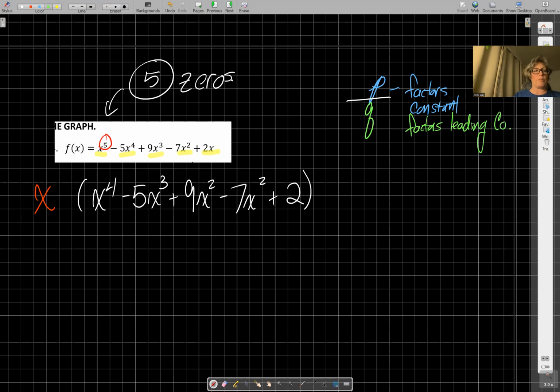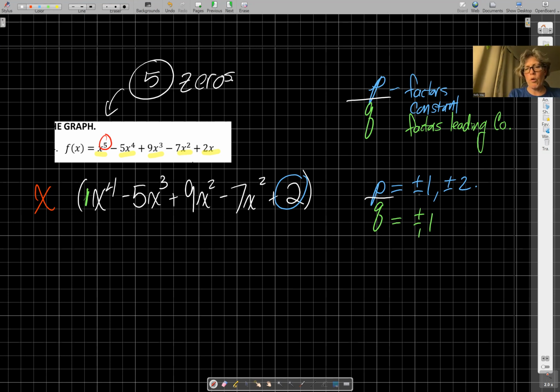All right, so taking a look here, what is our P here? Our P is 2. So plus or minus 1 and plus or minus 2 would be the factors of P. And Q, our leading coefficient, of course, is positive 1. So we have plus or minus 1.